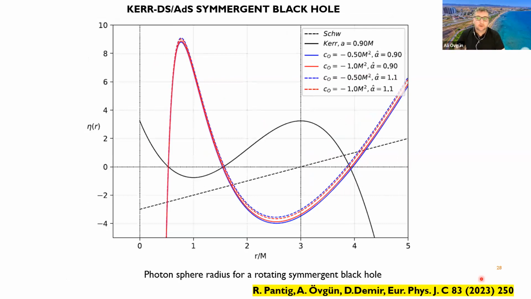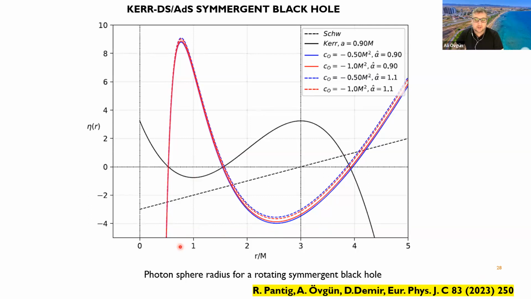After that, we also construct a rotating AdS-dS type Symmergent black hole solution, and we study its behavior and its effect on the shadow radius and also lensing. Here, in our plot of the photon sphere radius for the rotating Symmergent black hole, you can first see the location of the photon sphere along the equatorial plane.